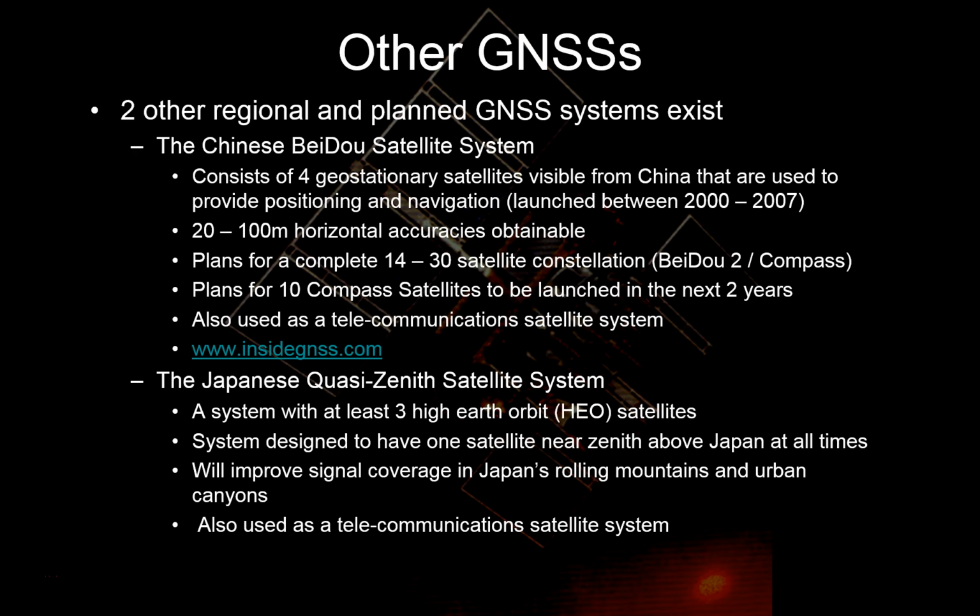However, for us in North America, the Japanese system and the Indian system are of no interest because they're regional systems. The satellites only provide information to specific regions. Now that gets a little bit complex with regards to the orbital information, how the satellite's orbit is very different in those systems than how GPS works.